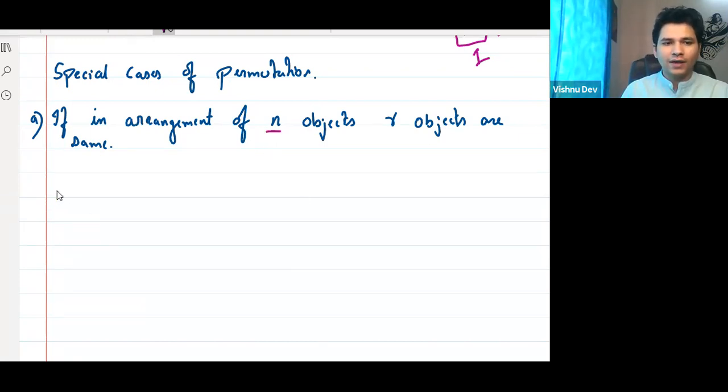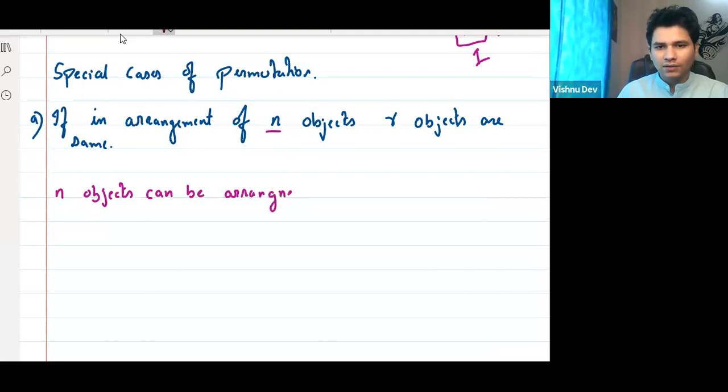So I can write step by step: n objects can be arranged in n factorial ways. Yes or no? Does everyone remember this? Yes sir, remember.